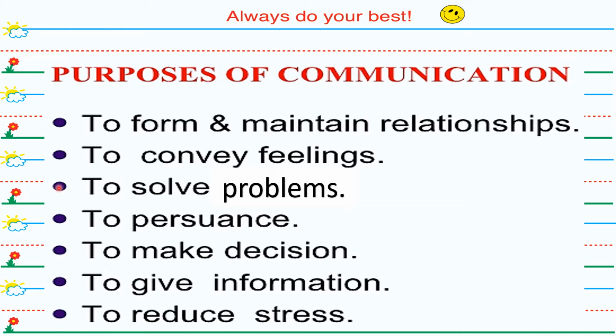Next, to solve problems, because the best way to solve a problem is by communication. Next, to persuade, meaning how will you make a person say yes to something that you ask them? Next, to make decisions, because you have to consider many things before making a decision.